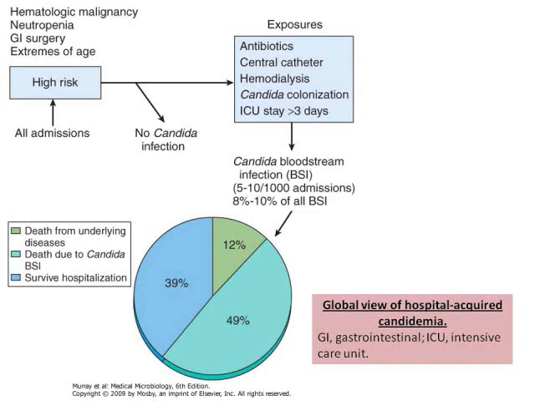All these will enhance the chances of a bloodstream infection, and the statistics show 5 to 10 per 1,000 admissions. So very high, and unfortunately 12% of those die from underlying diseases. And then again, death due to Candida is very high, about 49%.